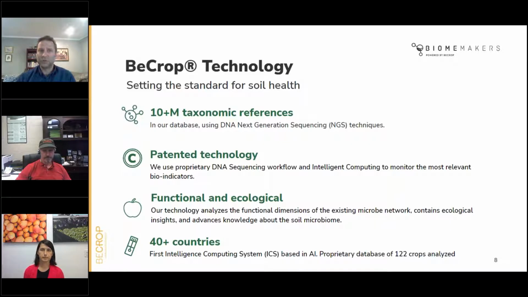And based on the changes of the abundance of microbes, and then referring back to that full genome sequence where we understand the function of each one of those microbes, we're able to look at how that potential function changes over time. And so we really have a big functional and ecological approach to soils and to life in the soil.